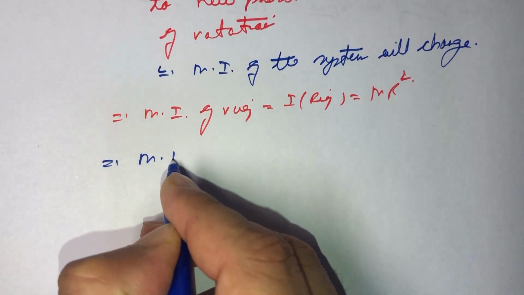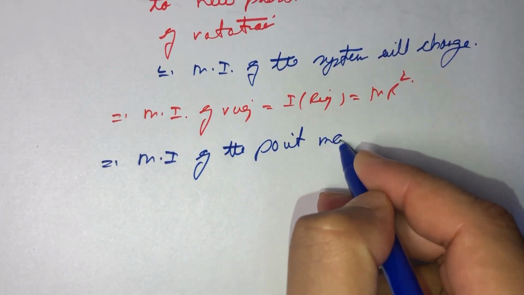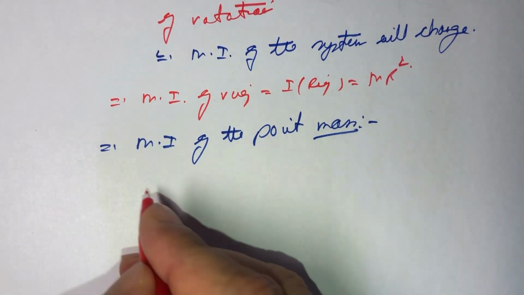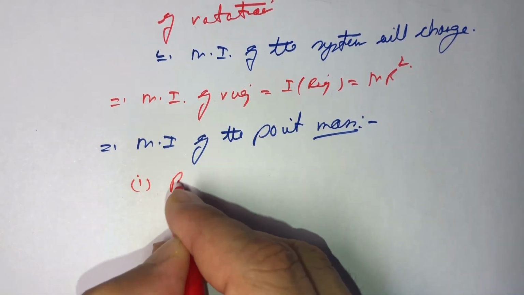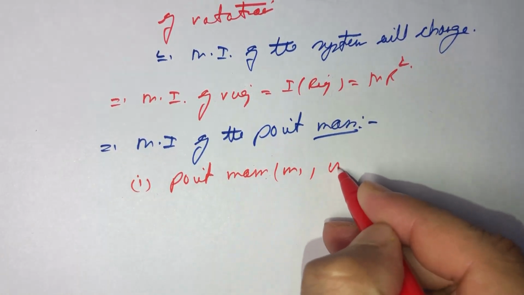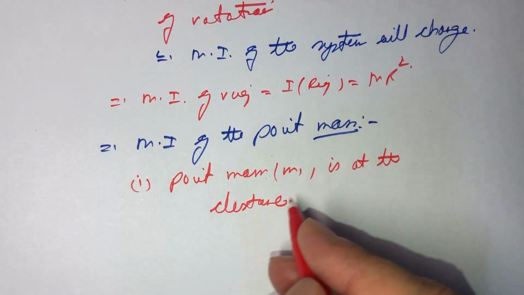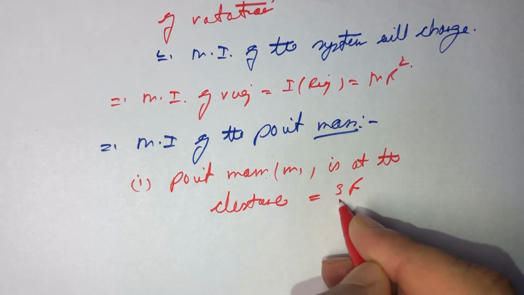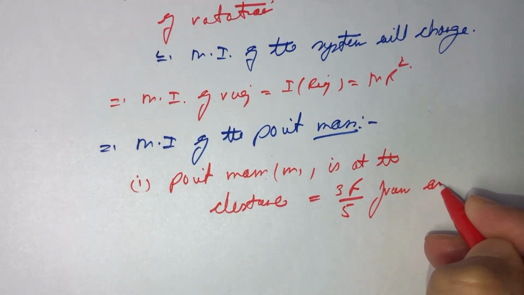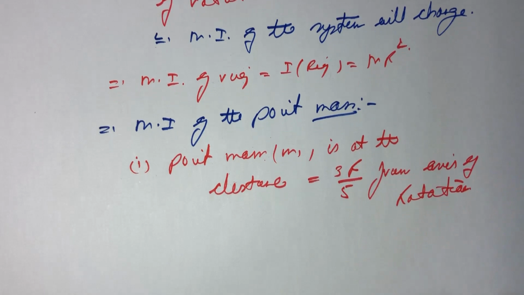And we can find out the moment of inertia of the point masses. Point mass m1 is at a distance equal to 3r by 5 from the axis of rotation.